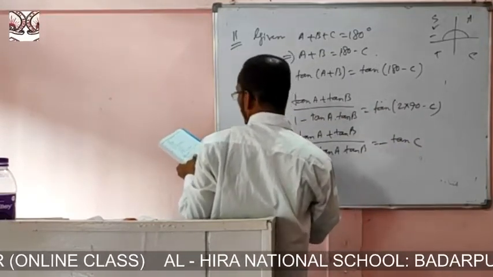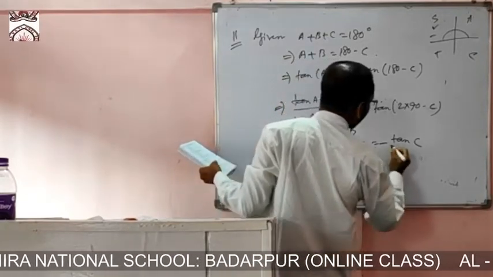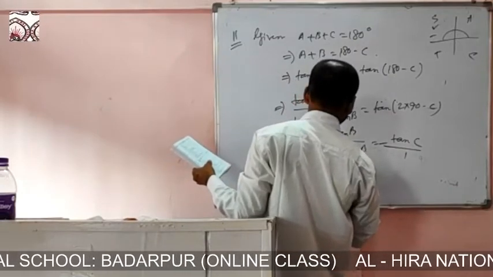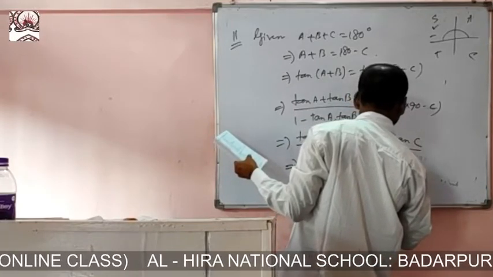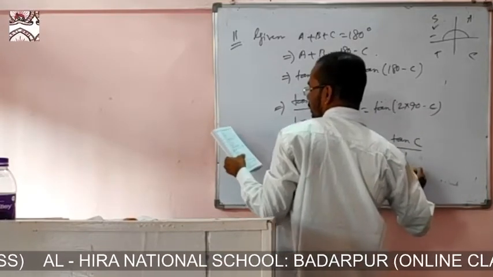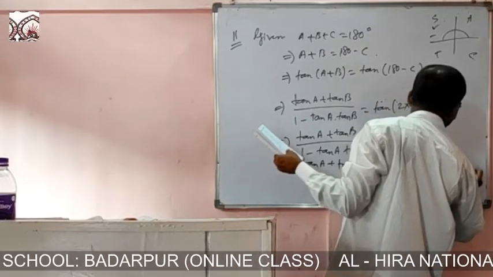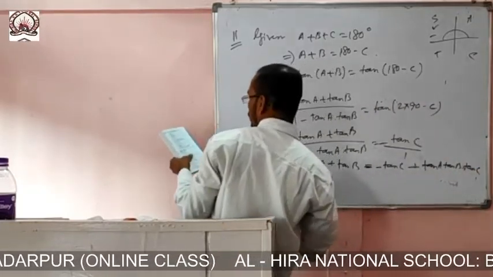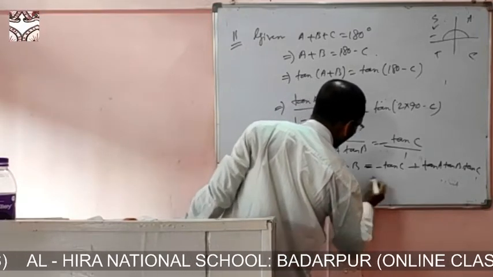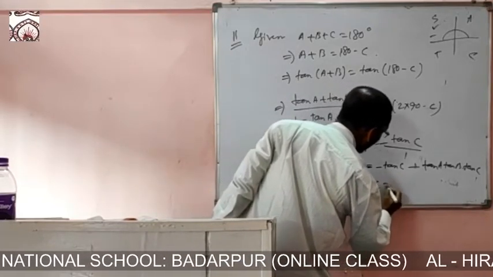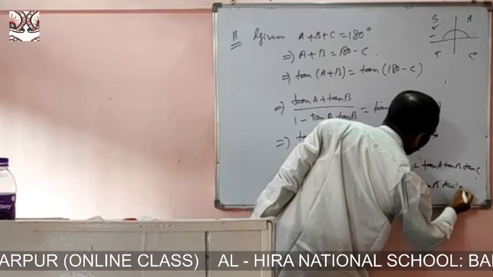So if we cross multiply, then tan a + tan b is equal to −tan c, and minus minus plus, so tan a tan b tan c. This implies tan a + tan b, and changing sides, tan c will be tan a into tan b into tan c.